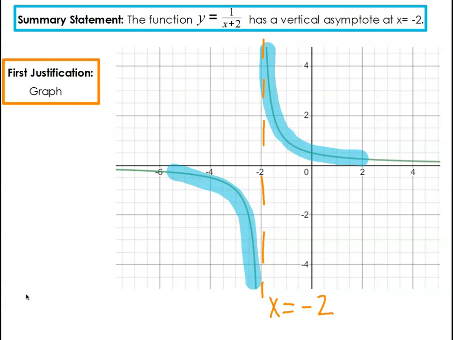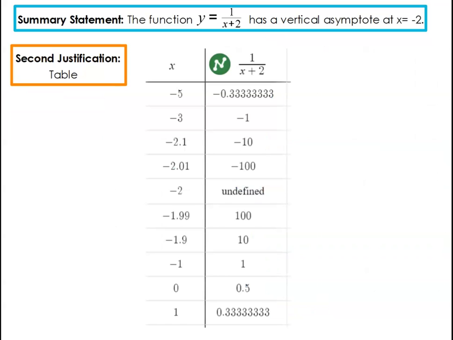If we go back to the original summary statement, we just used 3 different justifications to show that the function y equals 1 over x plus 2 has a vertical asymptote at x equals negative 2. We saw it on the graph, where the function approached positive infinity and negative infinity from both sides of the asymptote. We saw it in the table where there was an undefined value at negative 2.